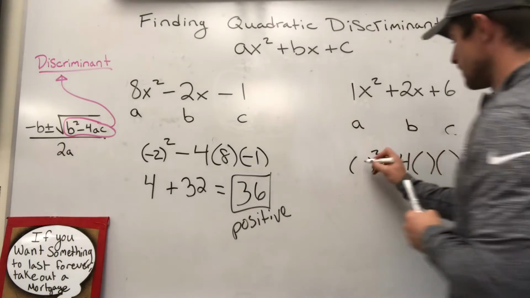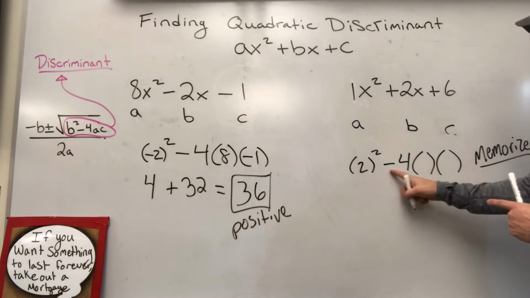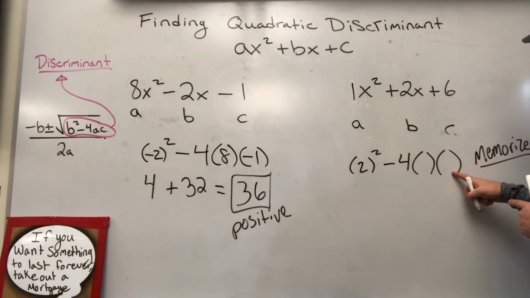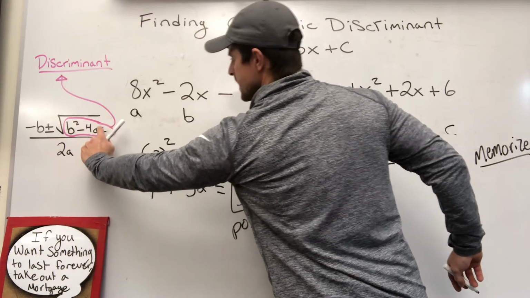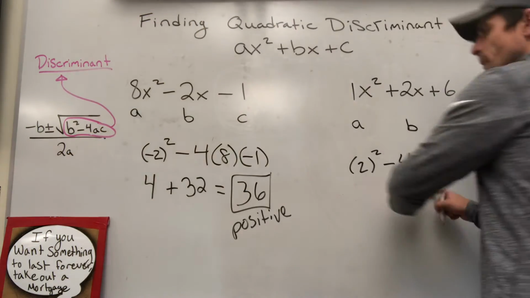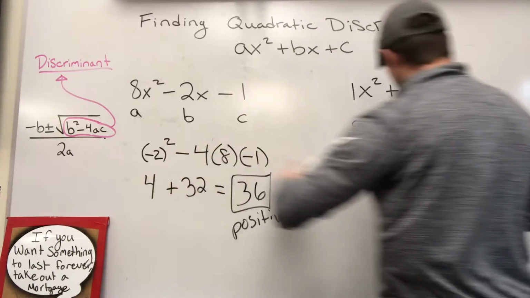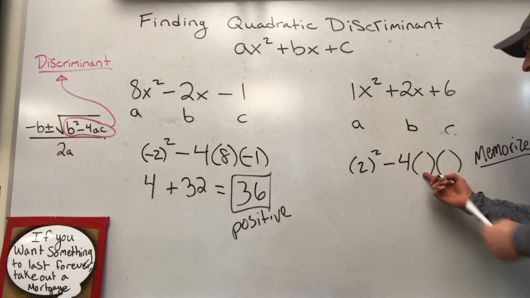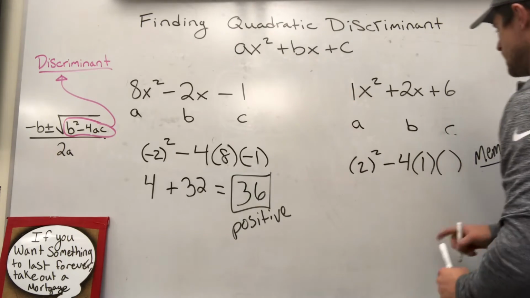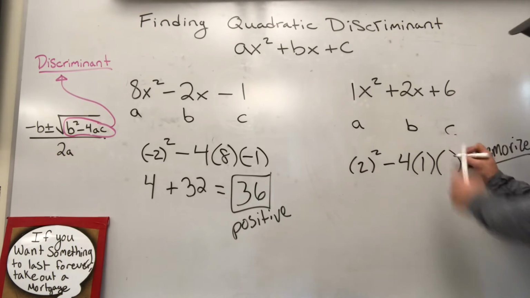It's a 2. Negative 4 times A times C. If you need to go back and forth between your notes and this, do what you've got to do to be successful. Okay, so negative 4 times A, my A is a 1. My C is a 6.